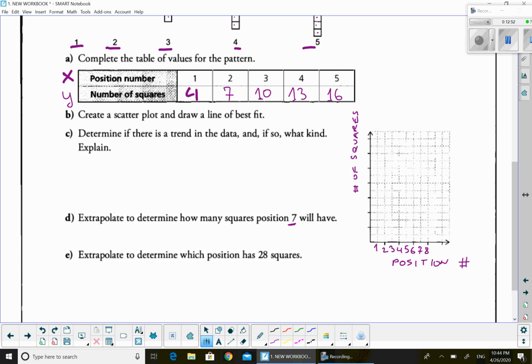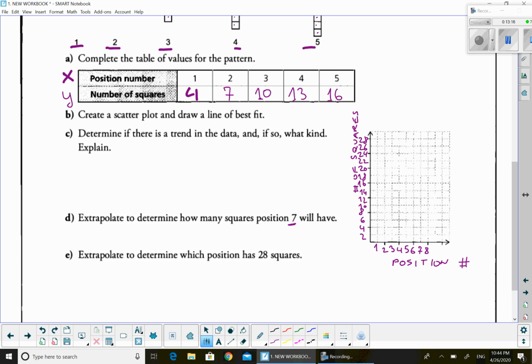So maybe we'll go by 2. So maybe this is 2, 4, 6, 8, 10, 12, 14, 16, 18, 20, 22, 24, 26, and 28. There we go. And now we're going to graph.